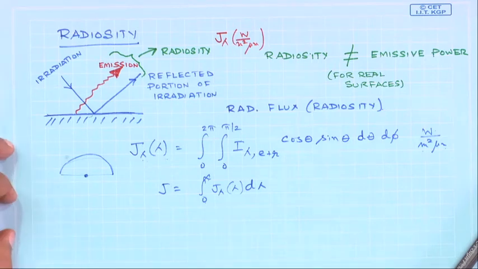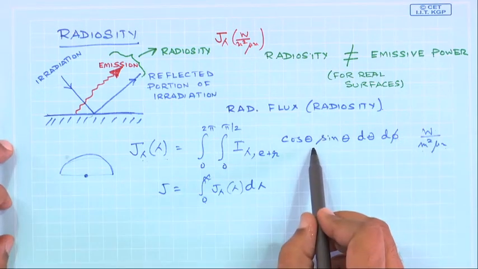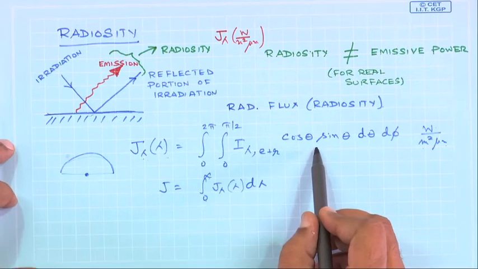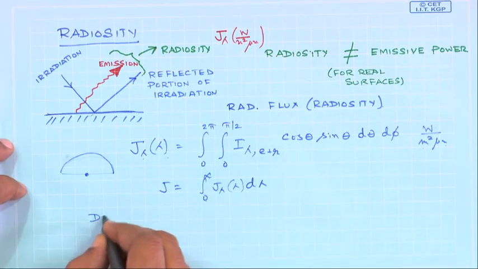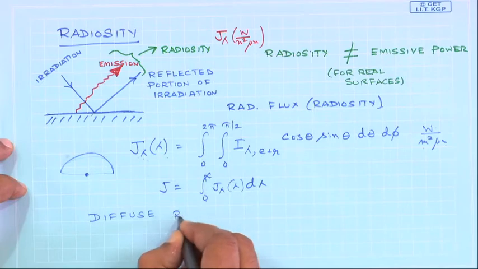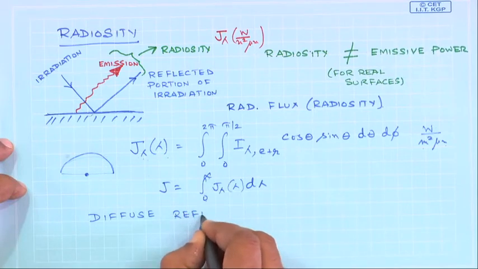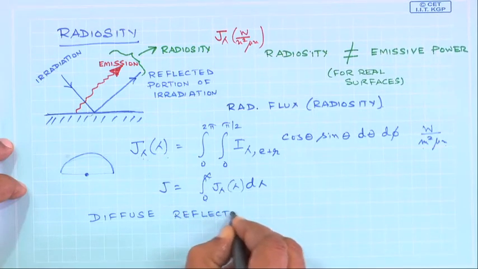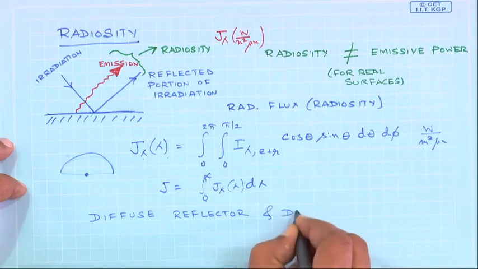The first integration becomes easy to perform if we assume that it is a diffuse reflector and diffuse emitter.